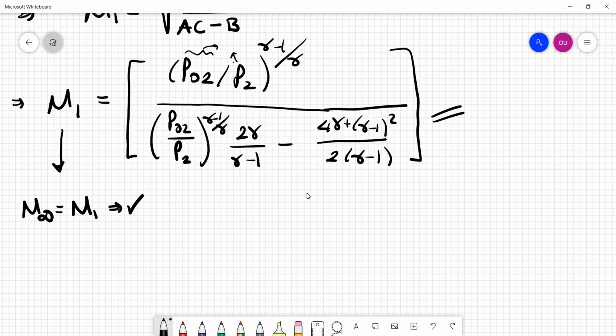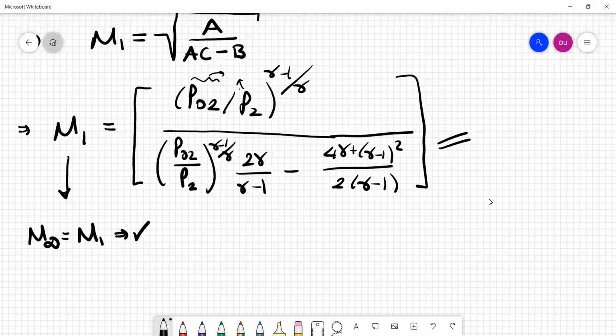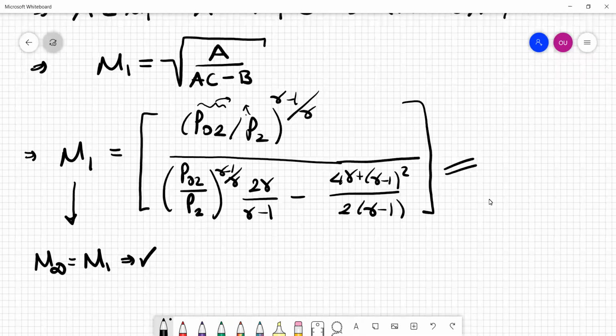This is for measuring Mach number, and especially when you're flying a supersonic aircraft, okay? So this was kind of an example application to show you the importance of normal shock waves in supersonic aircraft design. One little example.